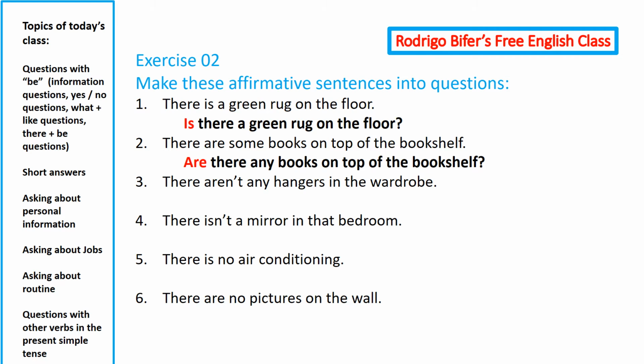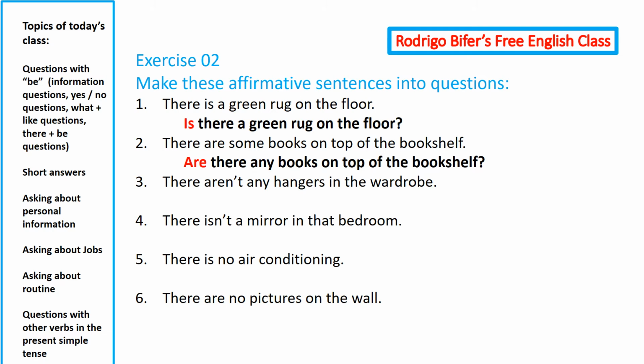Okay, now how would you answer that question? Okay, you would answer questions number 1 and question number 2 with a sentence that we call in English a short answer. So if you look on the left of your slide, you see that we're going to talk about short answers. Okay, so is there a green rug on the floor?